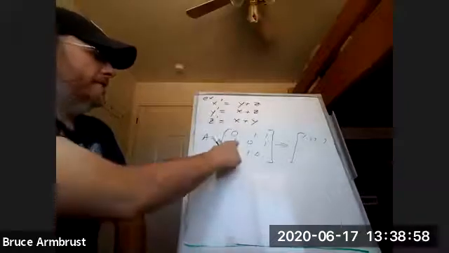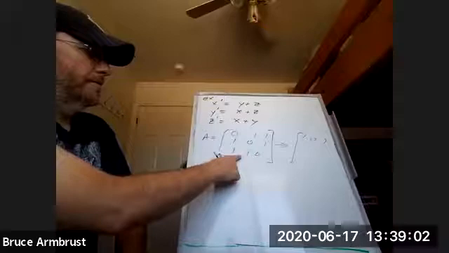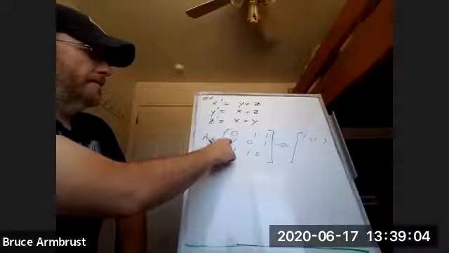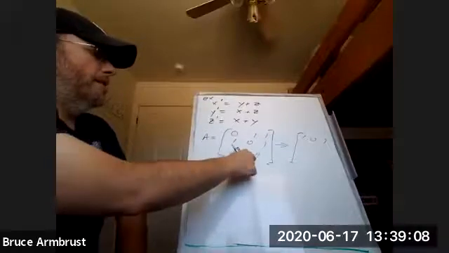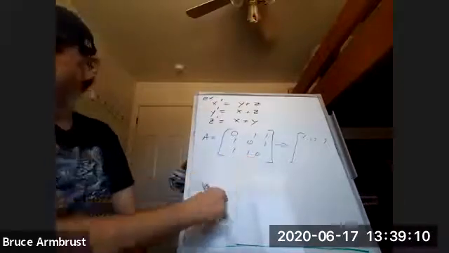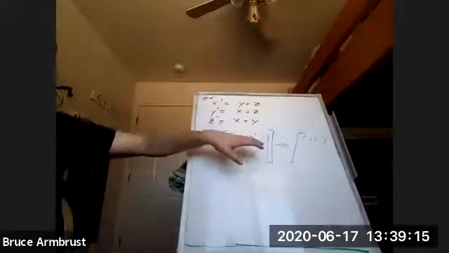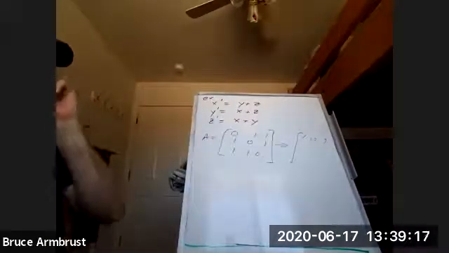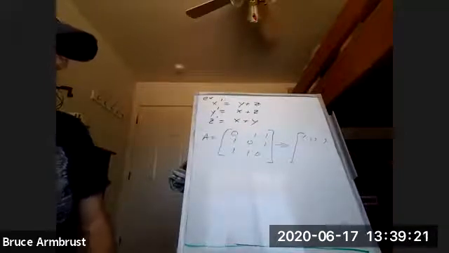If I take this away from that one, I'm going to get 1 minus 1, which is going to reduce that second row to a 0, 0, 1.